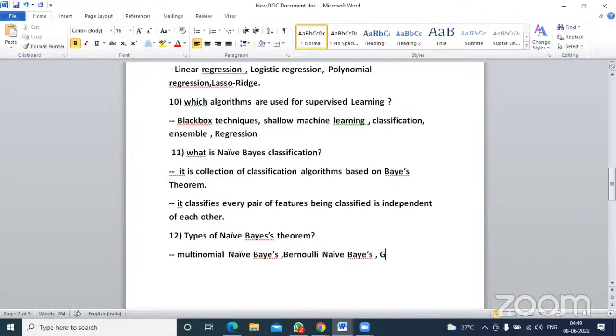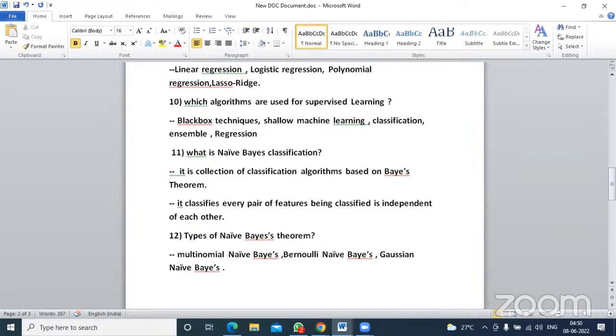And the third one is Gaussian naive Bayes. So these are the types of naive Bayes.